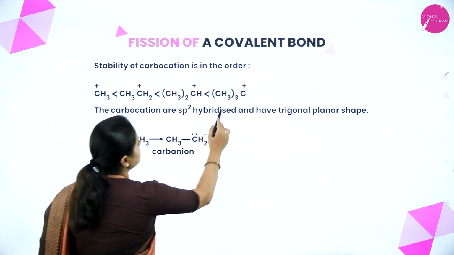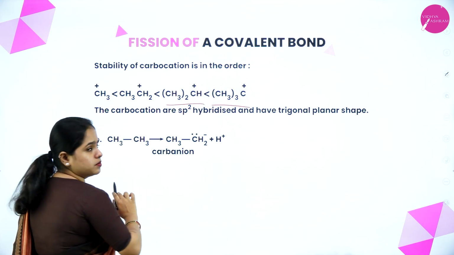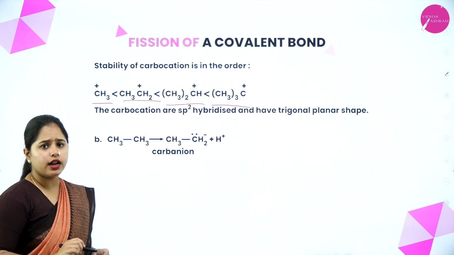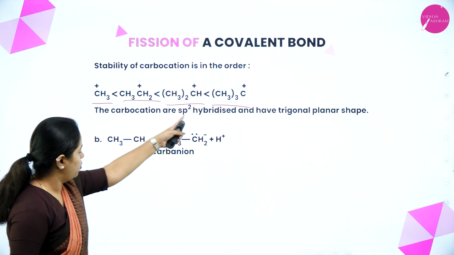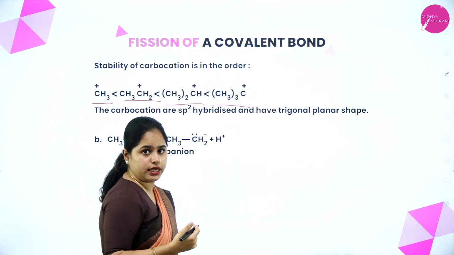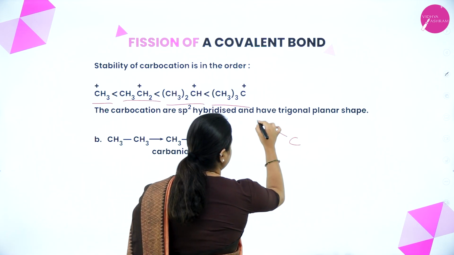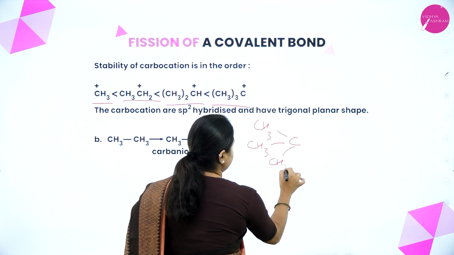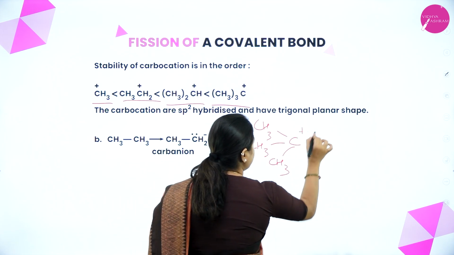The order of stability is tertiary, then secondary, primary and then methyl. What you are able to see here is CH3 thrice C. What is it actually? CH3, CH3, CH3. Three CH3 groups and a plus charge.